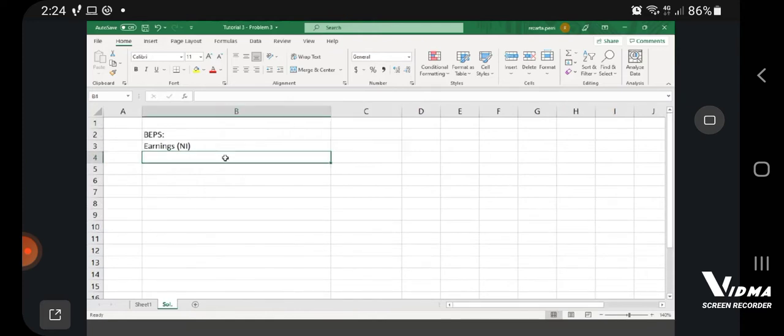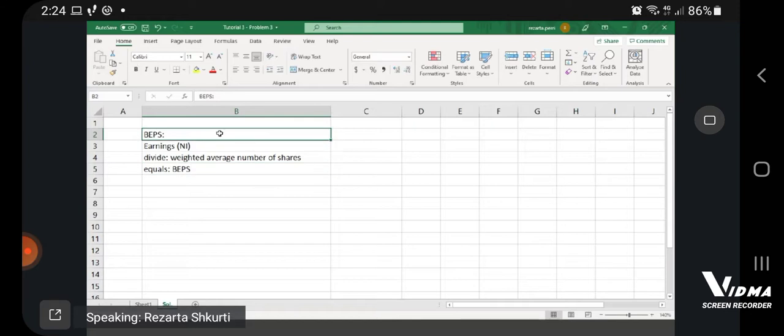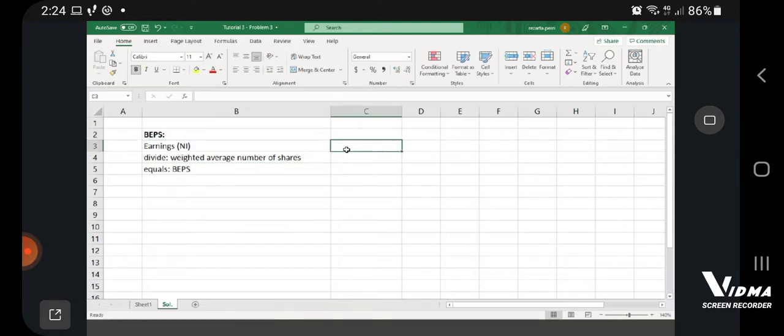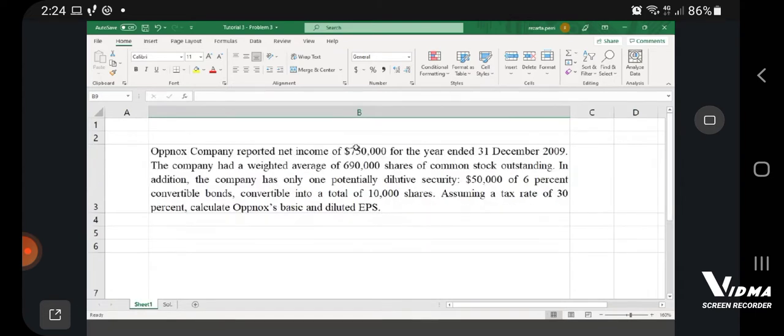So we start with earnings, divide them by the weighted average number of shares, which is also readily available. And then we have the basic earnings per share that is required as a first step. So let's insert all the information here. Earnings, as we can see in the data, is 750,000.